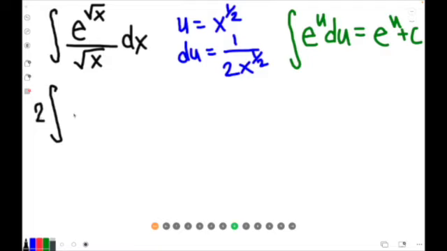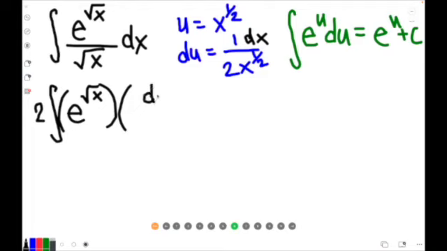So now we can have e to the square root of x multiplied by, sorry, we have here a dx, it should be dx over 2 square root of x.